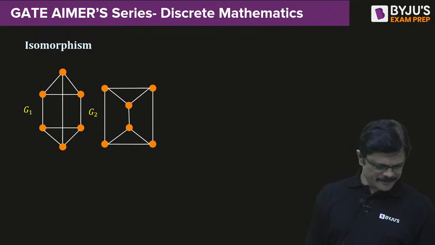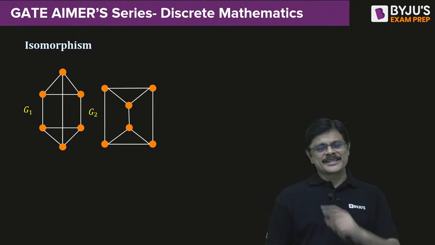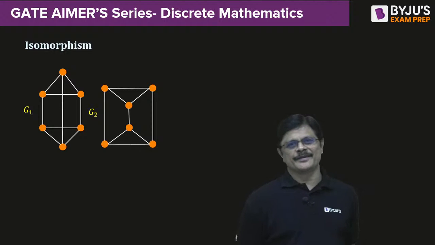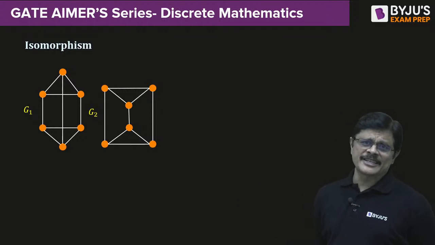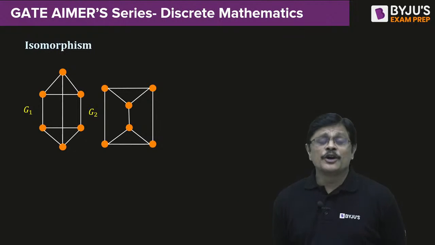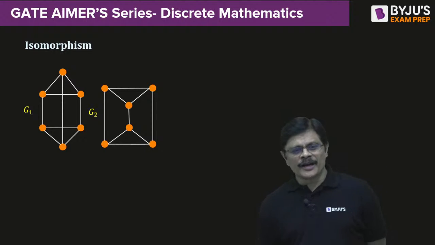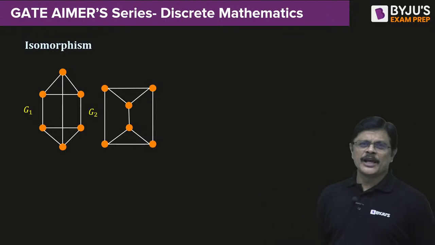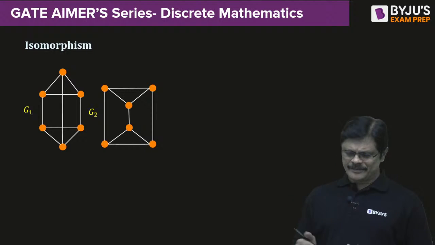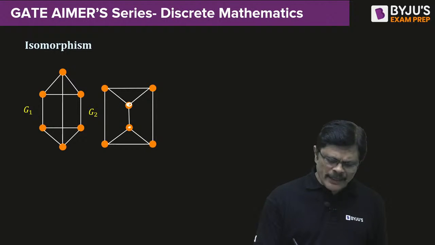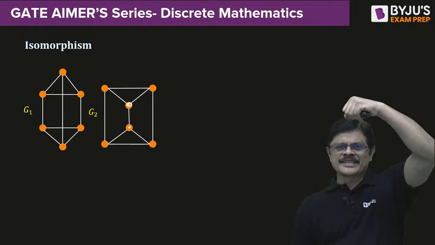Beautiful results. Now let us understand the idea of isomorphism. See, isomorphic graphs are the same graphs drawn differently. For example, if you see the second graph, you catch here, and you just stretch them out.